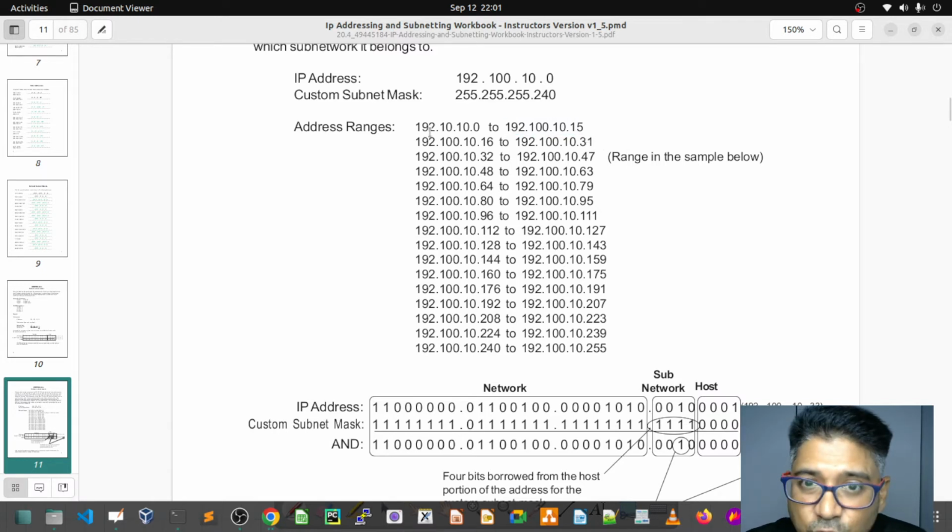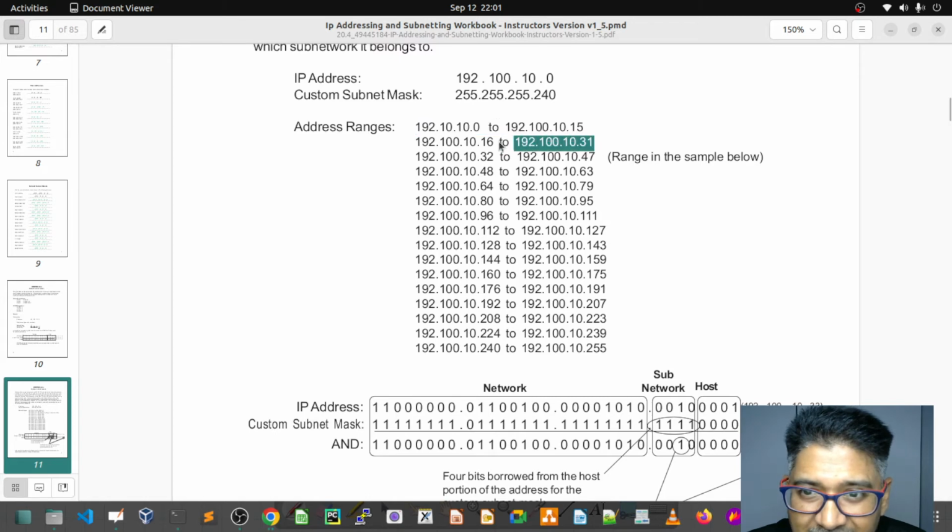So this is my first network, which will start from 10.0 and run to 10.15. This is my network IP, this is my broadcast IP, and the valid hosts go from 10.1 to 10.14.